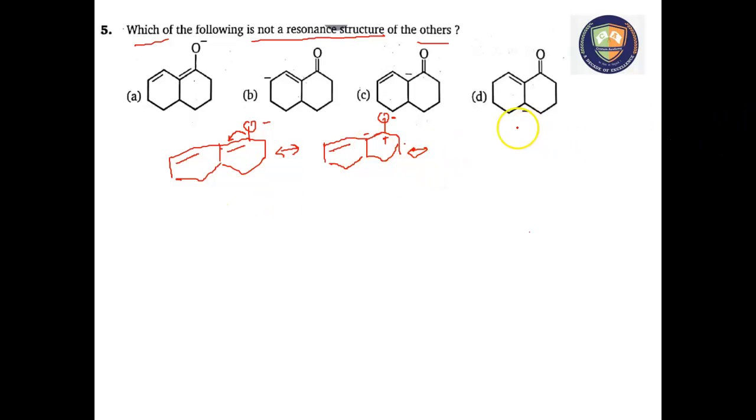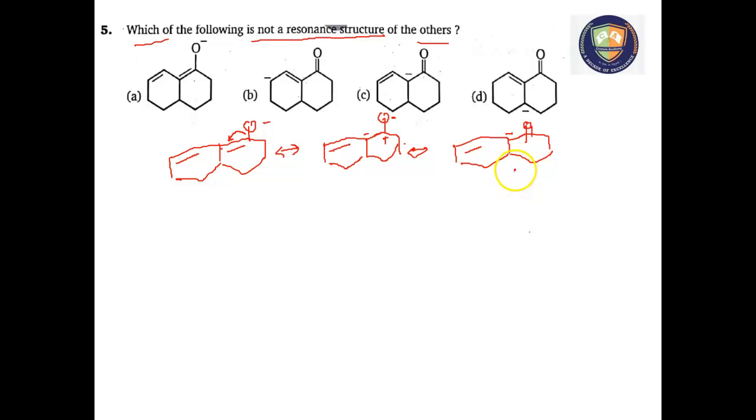We can write the structure after this like this. This C having positive charge and oxygen having negative charge will form this double bond with oxygen, and we have this carbon double bond carbon and this carbon having negative charge.